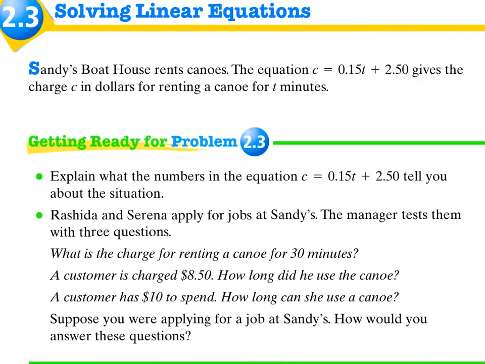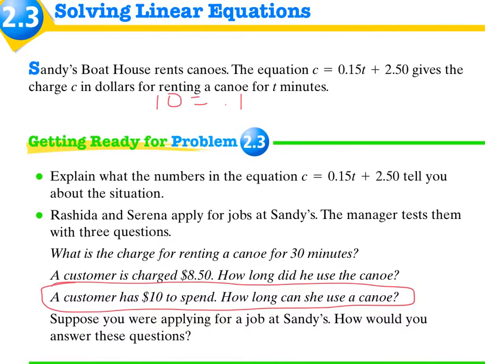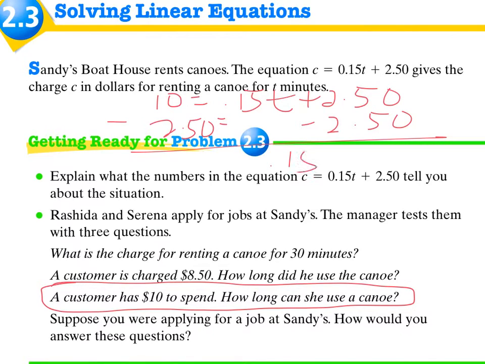Now the final question in the getting ready section is similar to the last one. A customer has $10 to spend and the manager wants to know how long they can use a canoe. Like the last example, we're going to put $10 in the cost portion of the equation and solve for T. We subtract $2.50 from each side of the equation again, and we get 0.15 T on the right and $7.50 on the left.